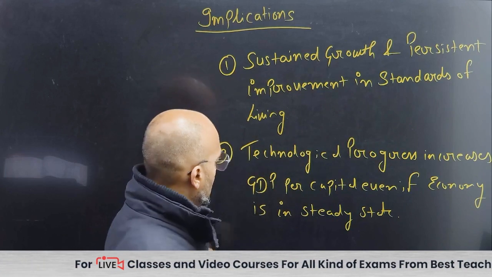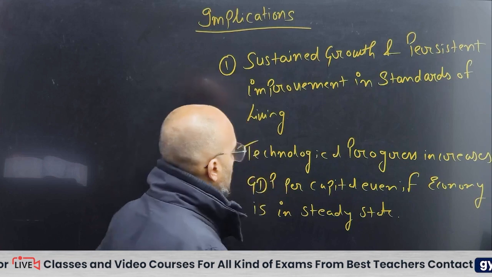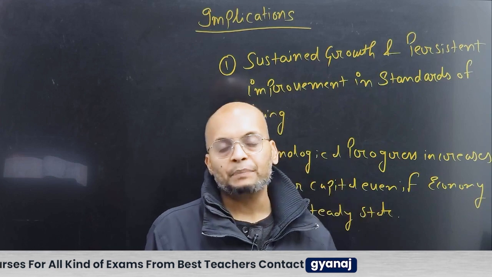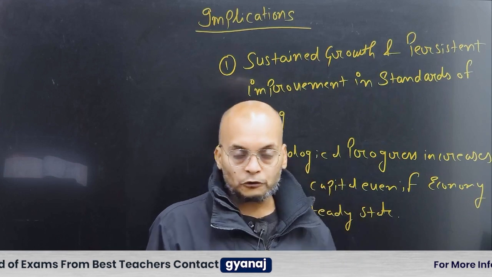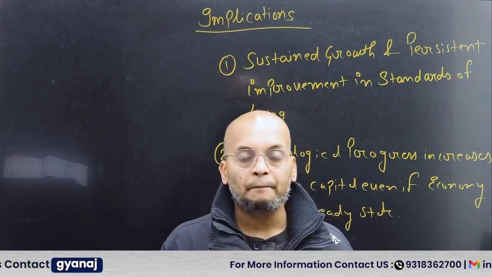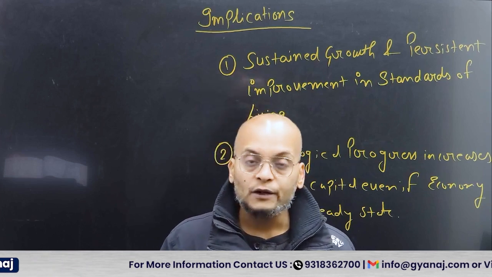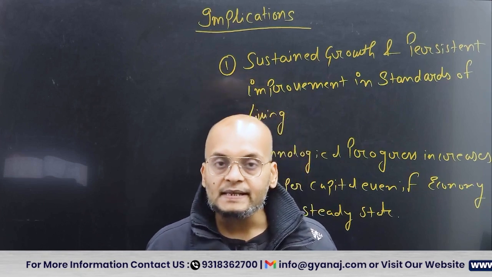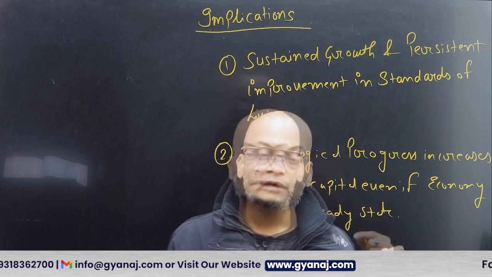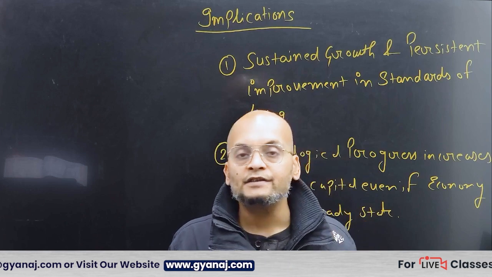Second, as I told you, technological progress increases GDP per capita. Technological advancement is going to increase GDP per capita even if your economy is in the steady state. Because we know in the Solow model we get diminishing returns to capital.